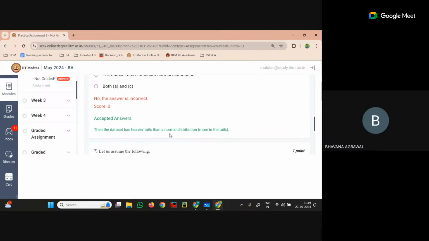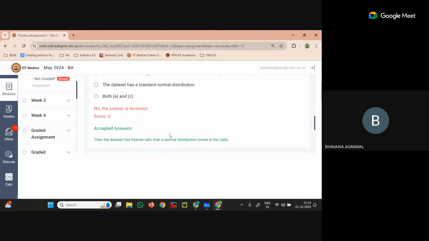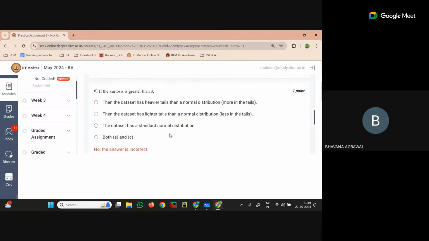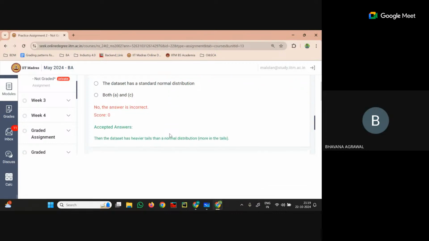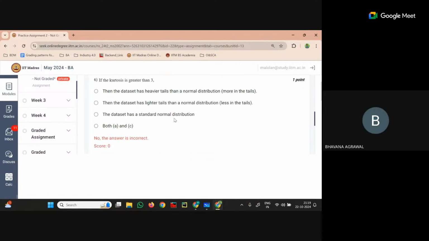heavier tails, normal distribution. When I searched on Google, it says kurtosis greater than 3 can be visualized as a thin bell with a high peak. So thin bell means the tails are thinner, lighter.